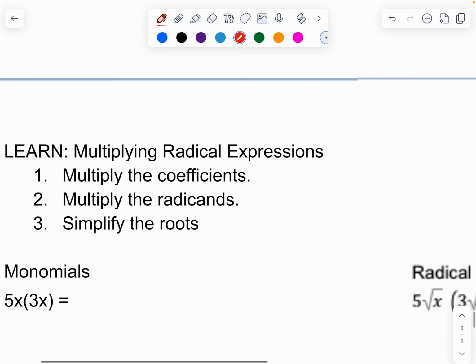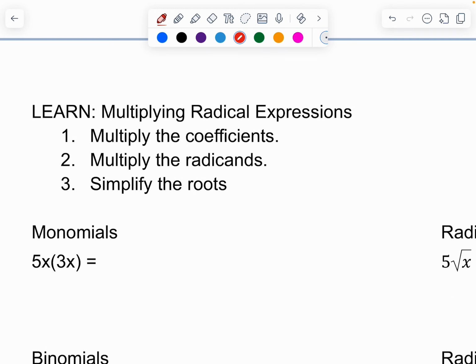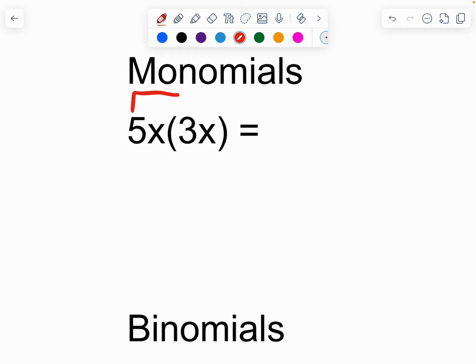I'm going to come down here. Multiplying radical expressions. Multiply the coefficients, multiply the radicands, simplify the roots. Okay, so I multiply the coefficients, that's 15. I multiply the x's and I get x squared.